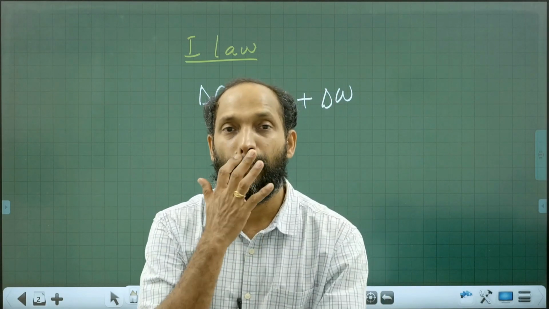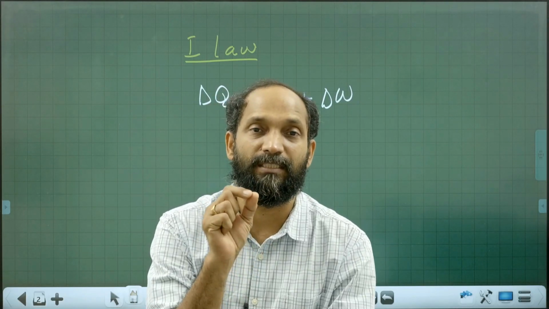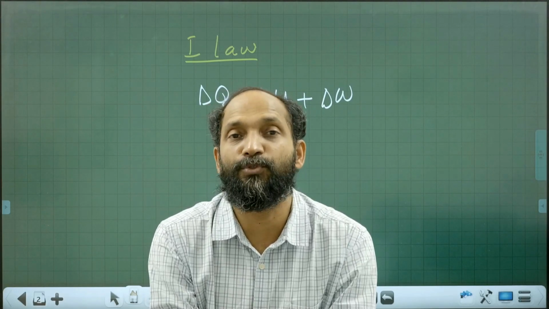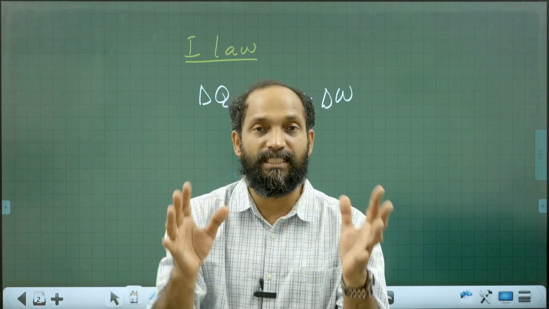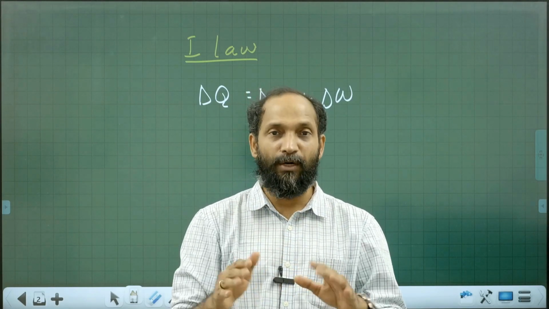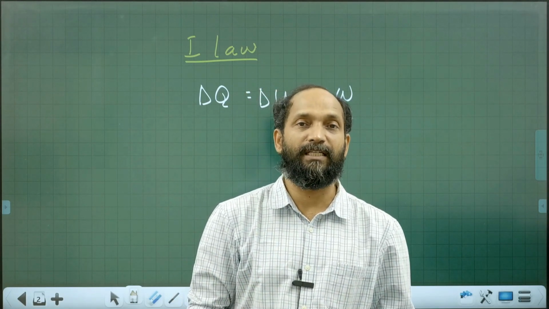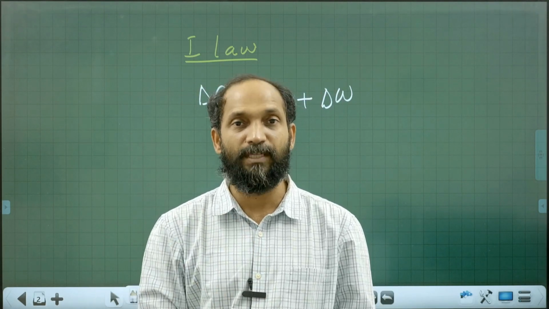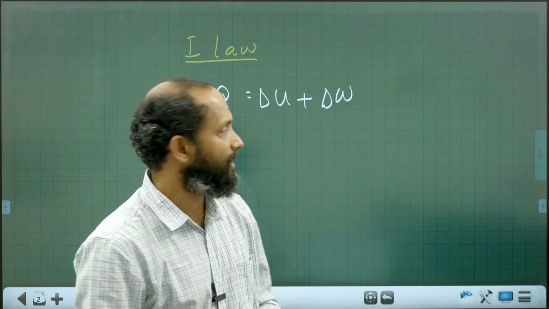That means we should be situated in the center of mass frame. You stick to the center of mass of that gaseous system and measure the kinetic energy of all those molecules. So average kinetic energy in the center of mass frame is referred to as internal energy.